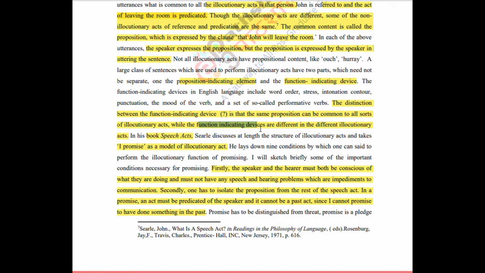That means the purpose of the statement, what the statement wants from us, could be different in an illocutionary act.